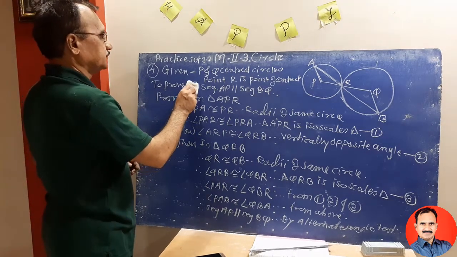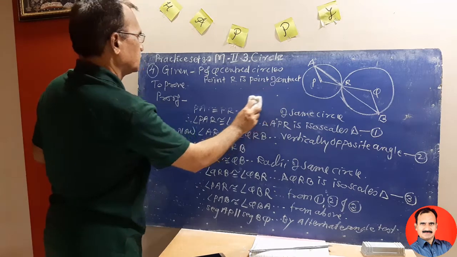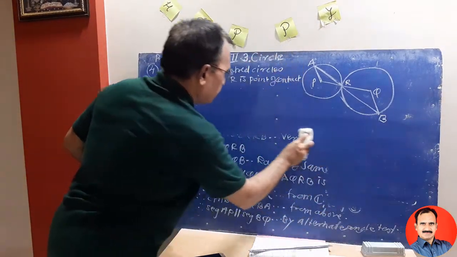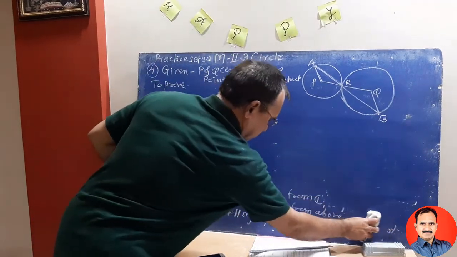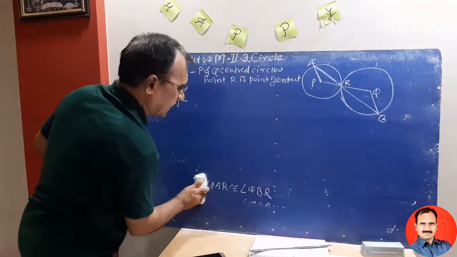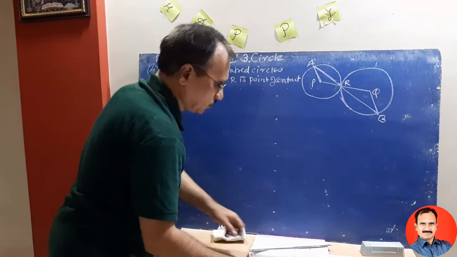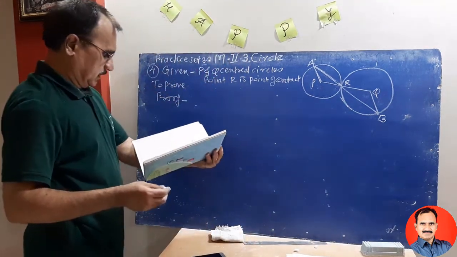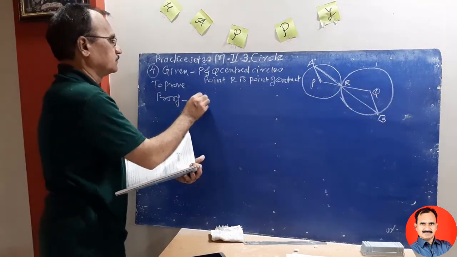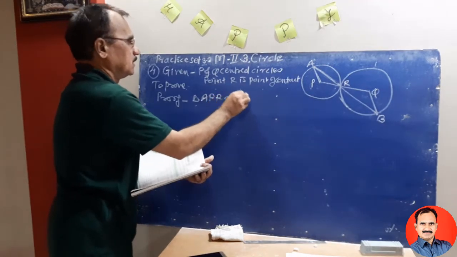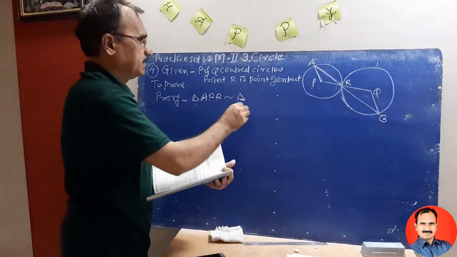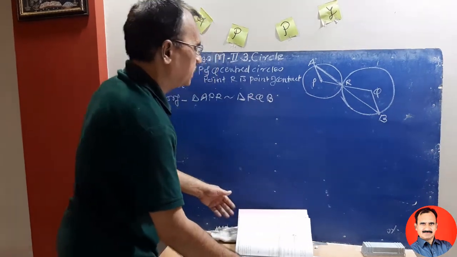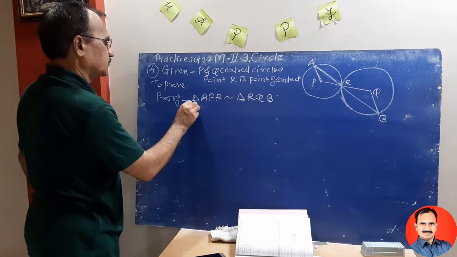Now the second one. Write down this proof, and now we are going to see the second to prove: triangle APR is similar to triangle RQB. We have to prove these two triangles are similar.